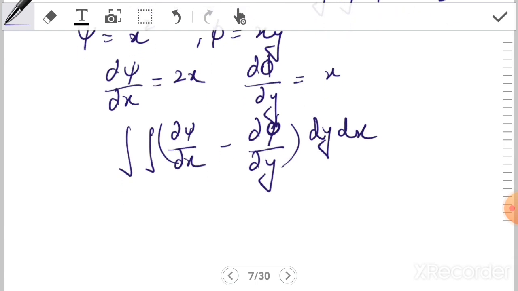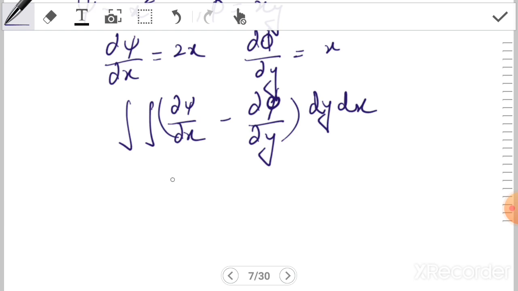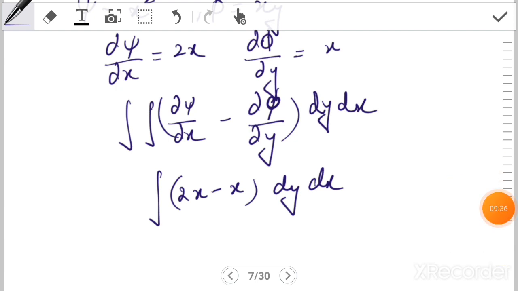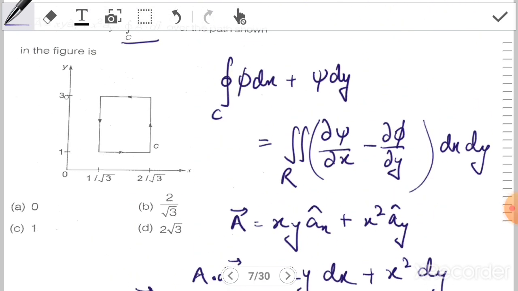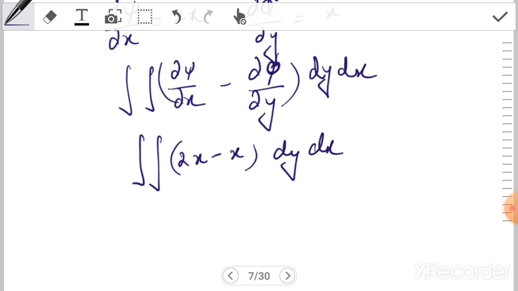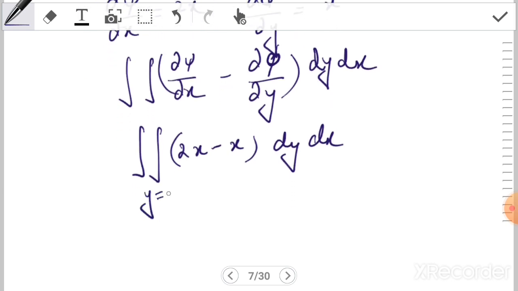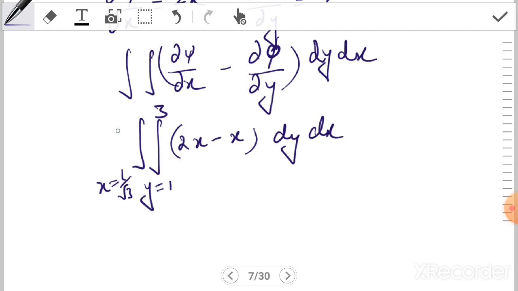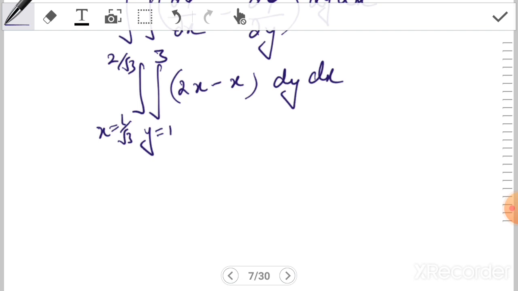So we have 2x minus x, dy dx. Here y varies from 1 to 3 and x varies from 1 by root 3 to 2 by root 3. So let's set the bounds accordingly.